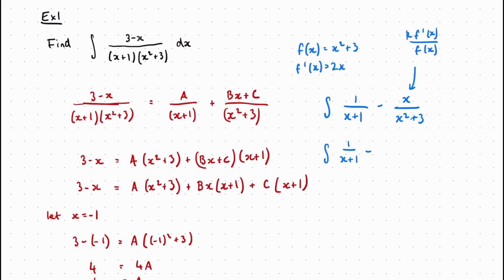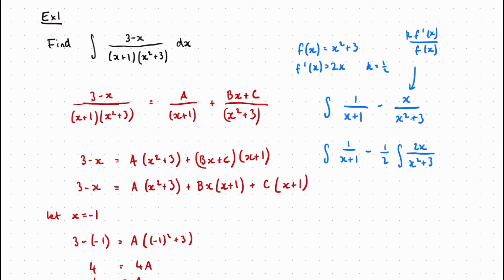So I need to have a k value of a half. So this will be minus a half of the integral of 2x over x squared plus 3. And if you remember the rules for the integral of this, that just is going to become k log f of x plus c.